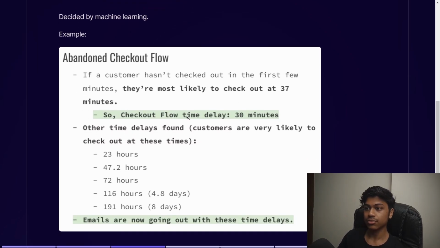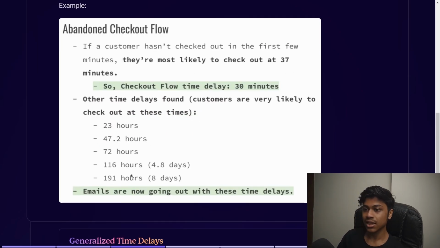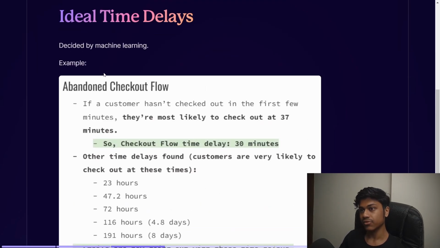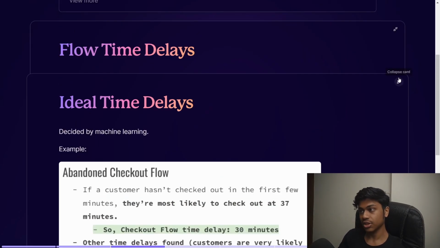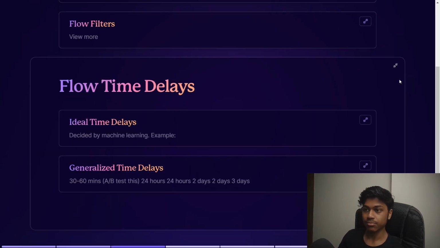So it would be like, the checkout flow time delay is 30 minutes because they're most likely to check out at 37 minutes after clicking the checkout button, right? And then we would find other time delays, and then we would send the emails out with those specific time delays after they press the checkout button.